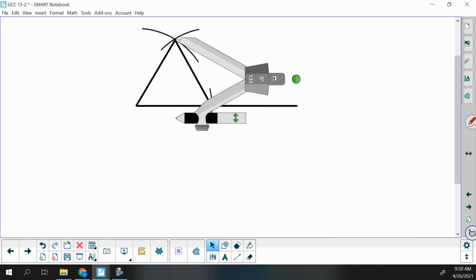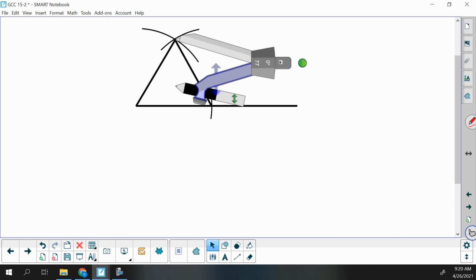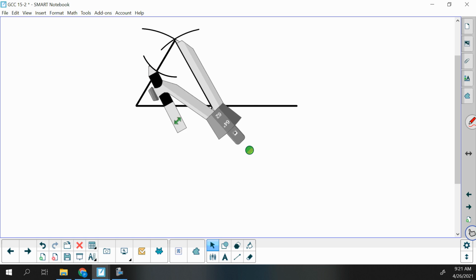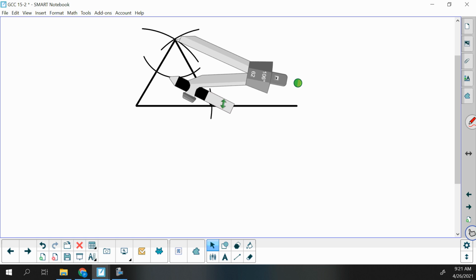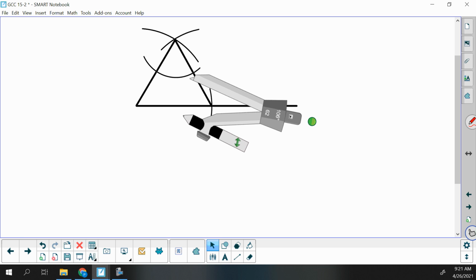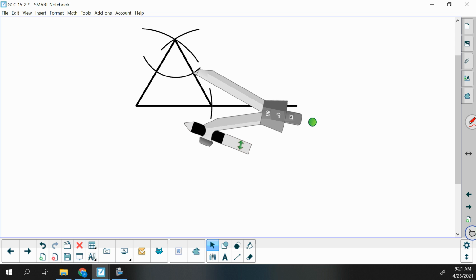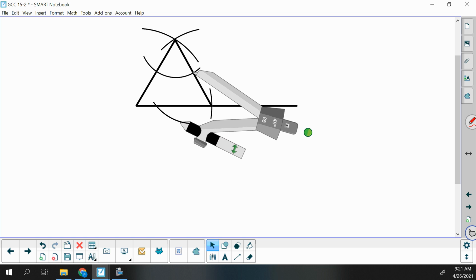So I'm going to put my point on the vertex, and then you make any convenient arc so that you get 2 intersections. From there, put your point on one of the intersections and make any arc out towards the middle.